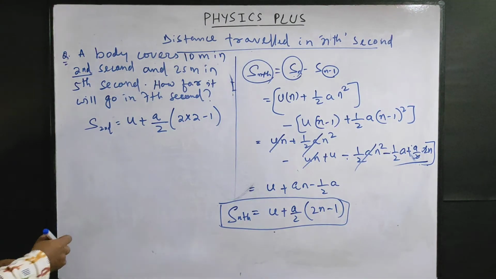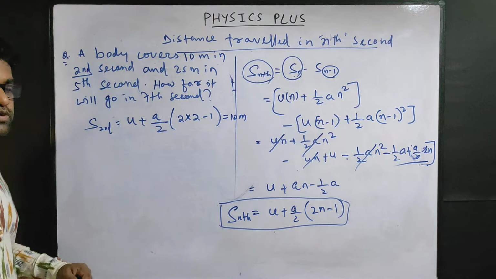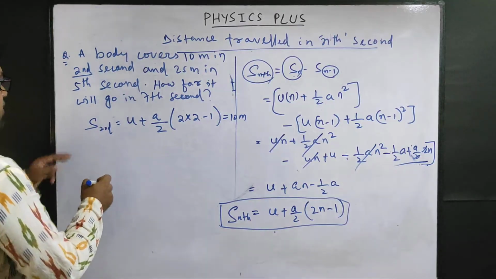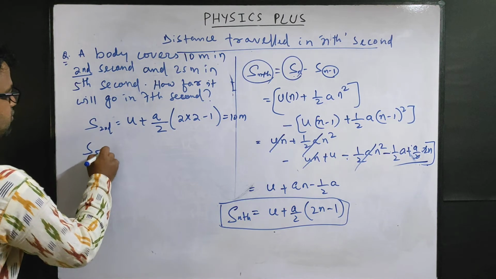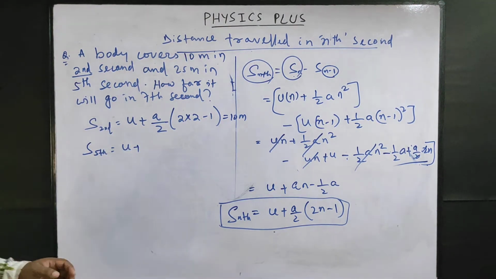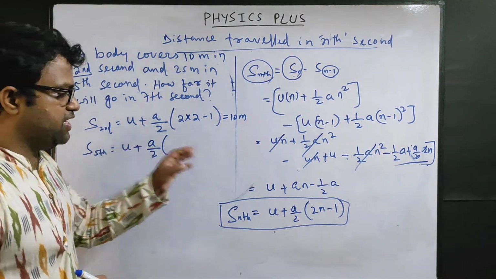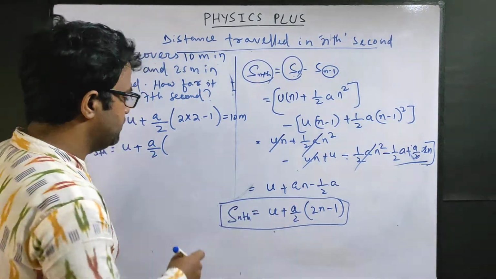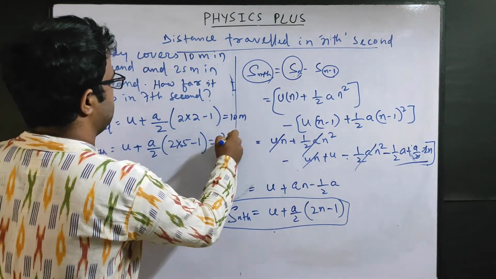Yes, and this is equal to the given 10 meter. One equation we got. The second equation is the fifth second, that means S fifth is u plus a upon 2, fifth second means n is 5 here, so 2 into 5 minus 1, that is equal to 25 meter.